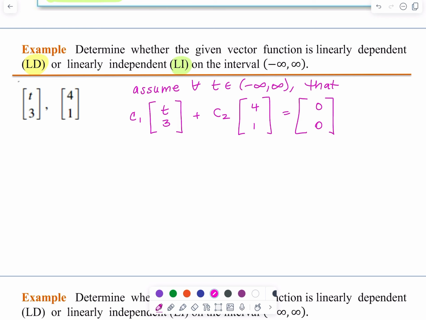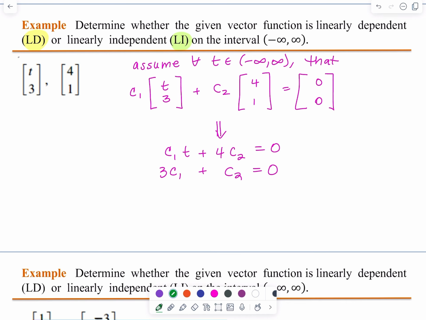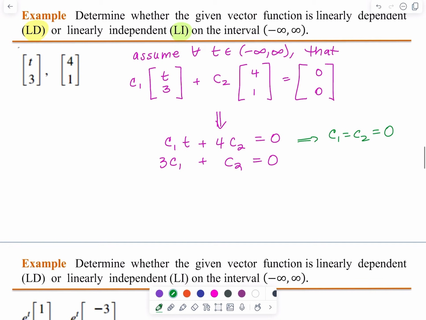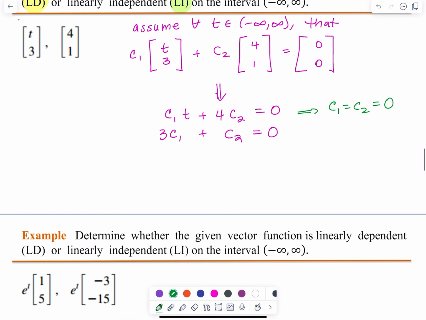So with that, we can say that c1 t plus 4 c2 is equal to 0, and 3 c1 plus c2 is equal to 0. Well, the result of this first equation implies that c1 and c2 are both equal to 0. So, therefore, the given vector functions are linearly independent by our theorem.